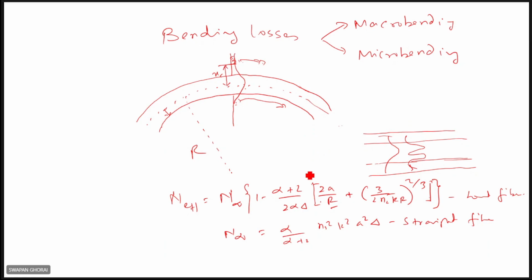To categorize these, the bending can be of two types: micro bending and macro bending. What is macro bending?